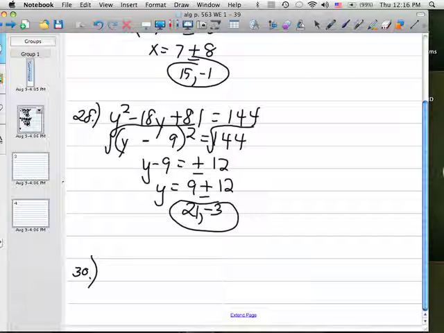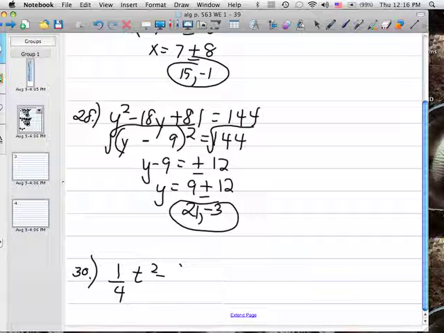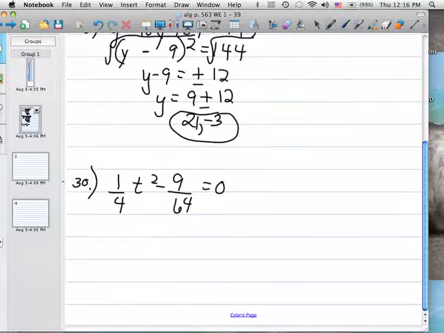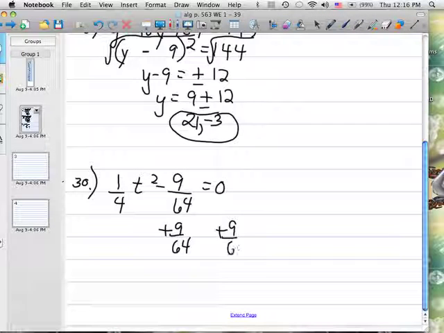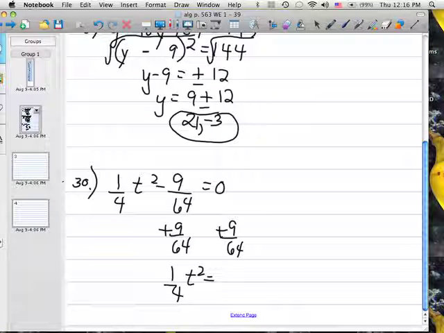Problem number 30, we have 1/4 t squared minus 9/64 equals 0. Isolate the perfect square, so we're going to add 9/64 to both sides first. So we get 1/4 t squared equals 9/64.